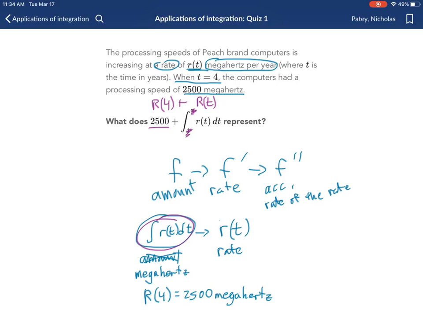So both of these are amounts. It's saying if we started at 2500 megahertz and then we add more megahertz, what would that represent? It's very important that we consider our lower and upper bounds now, and that we understand that both of these represent an amount.